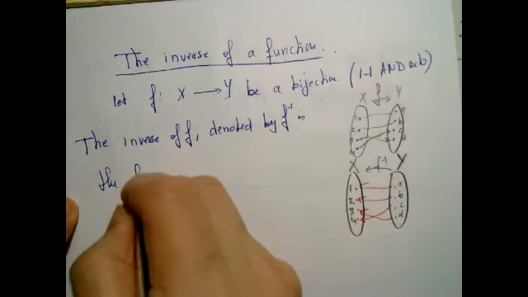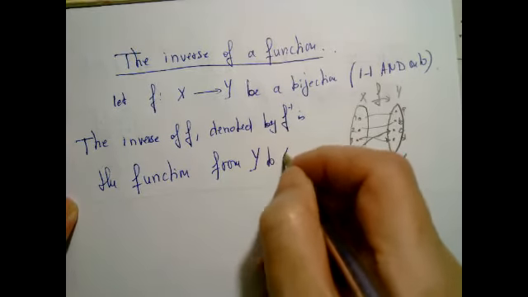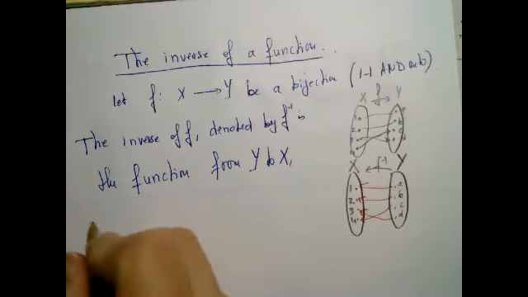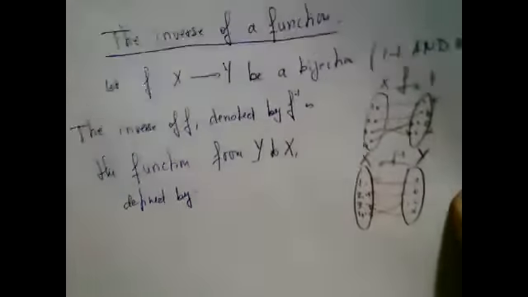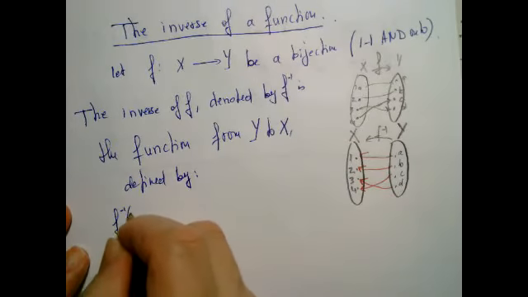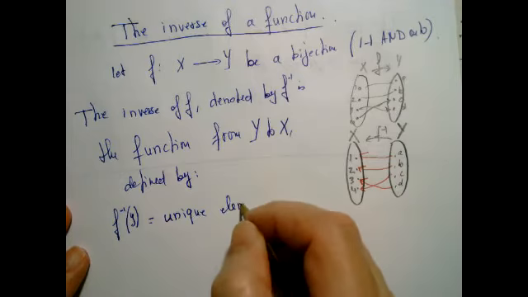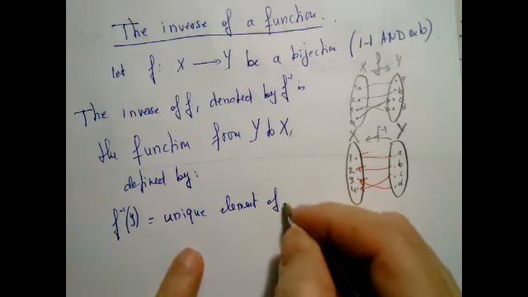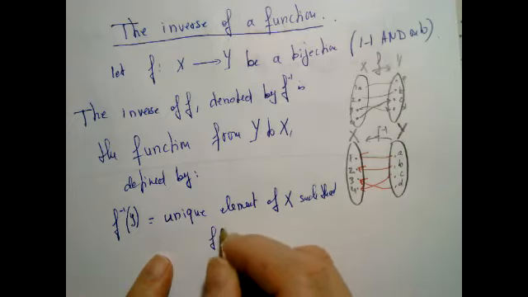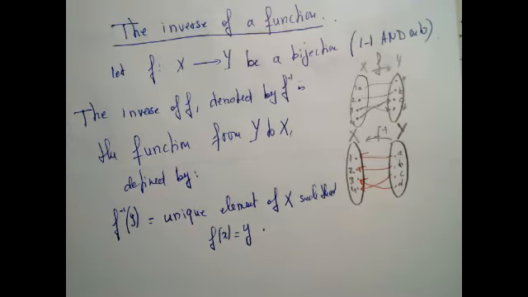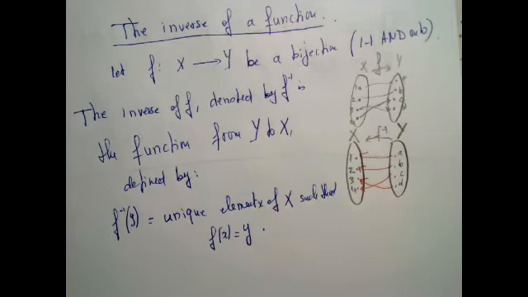It is the function from Y back to X. So it's a function Y back to X that does the following, and is defined by F inverse of y is the unique element of X, so the unique element x of X, sorry, such that f of x equal to y.